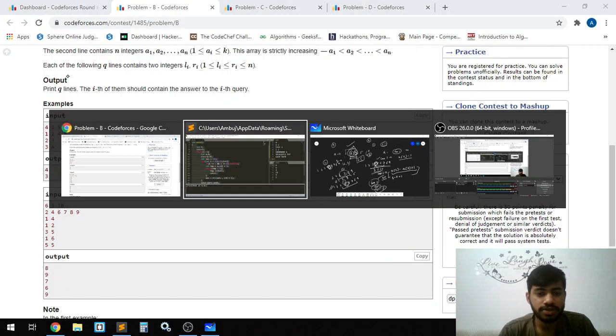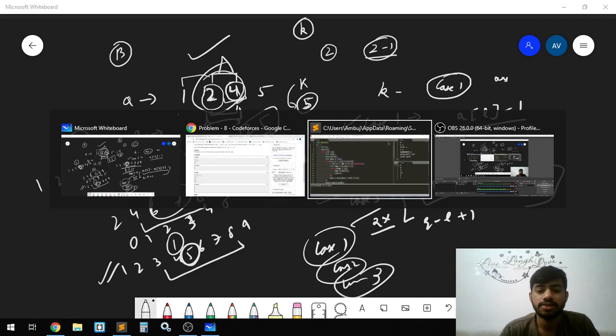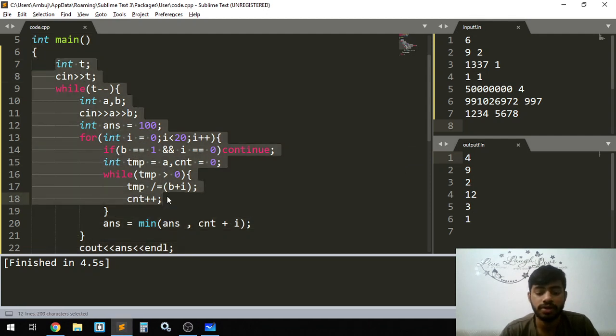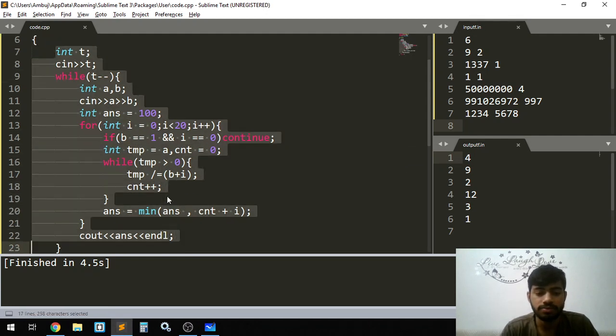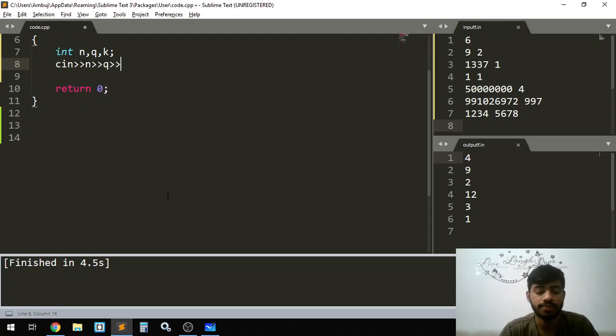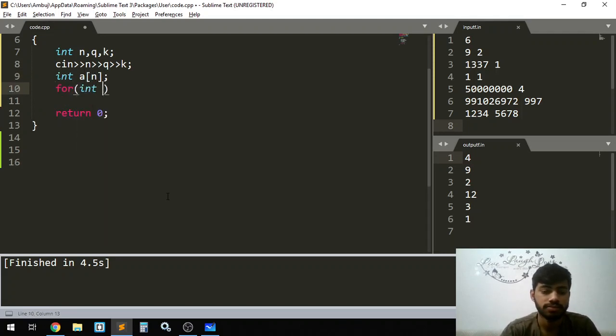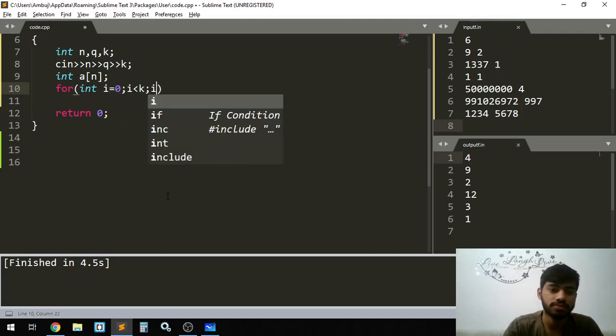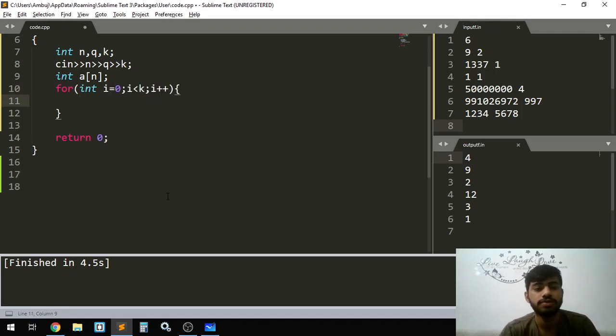We didn't get any test case, so I will just write the code. It says int n, q, k, so cin n q k. After this, it gives us the array, cin of i.